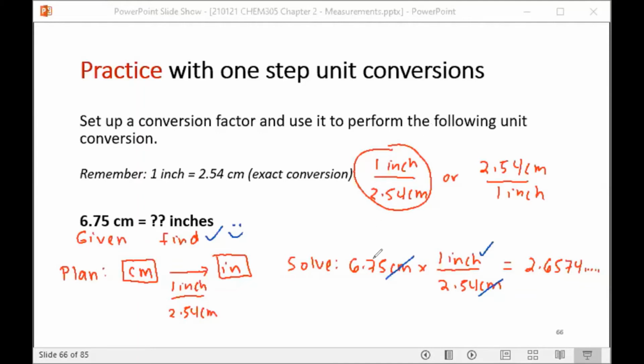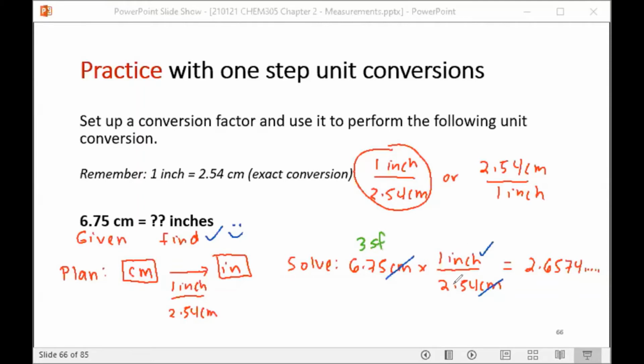So in this problem, everything is multiplication or division. We have 6.75 times 1 inch divided by 2.54 centimeters. So we're going to just follow the rules for multiplication and division. And the rules for sig figs for multiplication and division says that your final answer is limited based on the number that had the fewest sig figs. So we're going to count the sig figs in each number. Here I have 3 sig figs in 6.75.